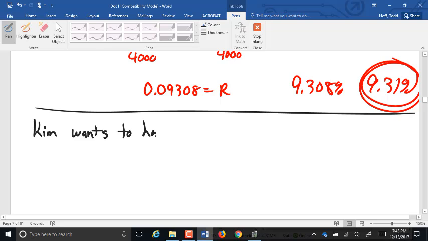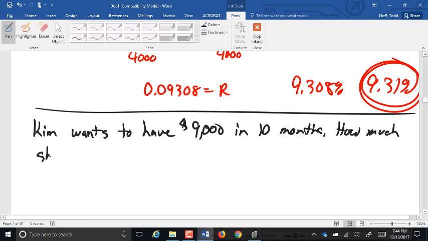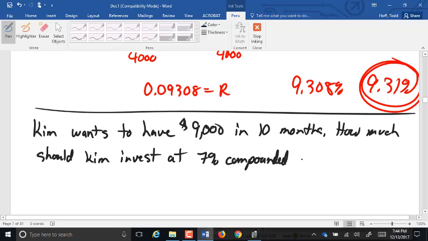Kim wants to have $9,000 in 10 months. How much should Kim invest at 7% compounded monthly?